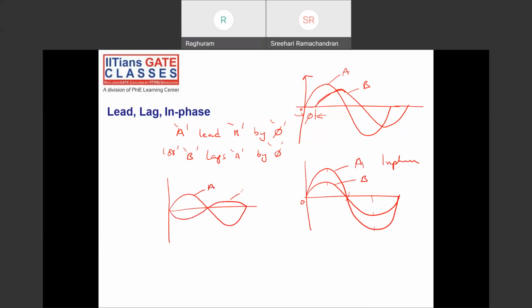This is A and this is B. When their zeros and their maximum values, positive max and negative max, coincide in opposite directions, that is, the phase difference between A and B is 180 degrees, then they are said to be out of phase with each other. In phase, out of phase, leading and lagging.